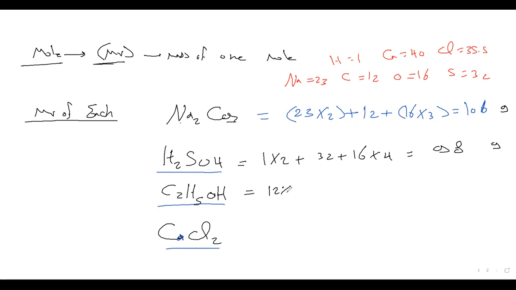C2H5OH: 12 multiplied by 2 plus 1 multiplied by 5 plus 16 plus 1 equals 46 gram. CaCl2: 40 plus Cl 35.5 multiplied by 2 is equal to 111.